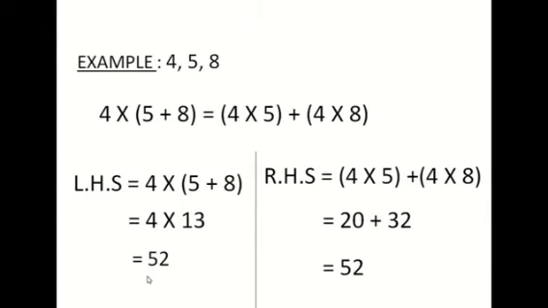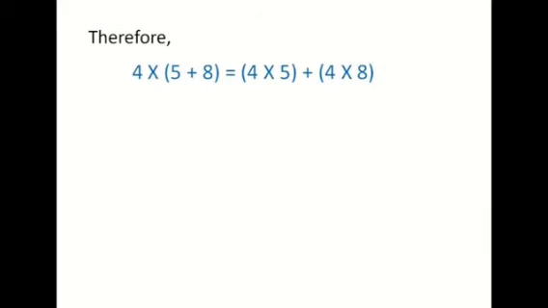So you can see that the left hand side and the right hand side are both equal because you have found the numerical value. That means this expression is valid. Therefore we can say that 4 into 5 plus 8 equals 4 into 5 plus 4 into 8.